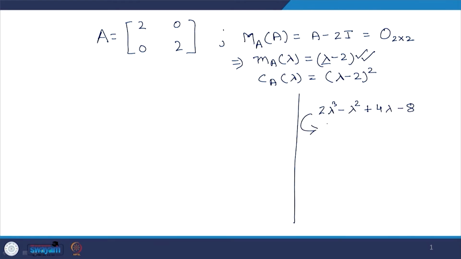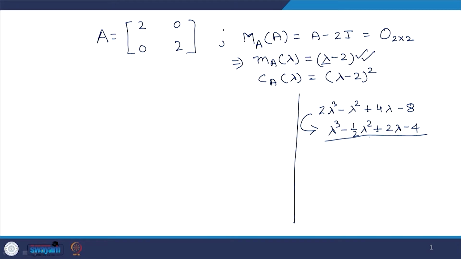However, the monic form will have the leading coefficient, that is the coefficient of the highest degree term, lambda cube, equal to 1. So it will become lambda cube minus 1/2 lambda square plus 2 lambda minus 4. Another important thing about a monic polynomial is that it is a polynomial of a single variable.